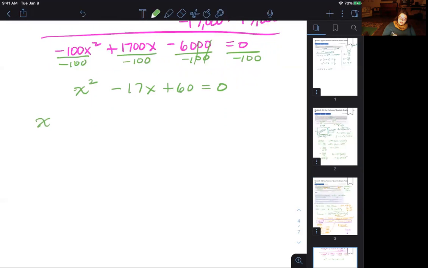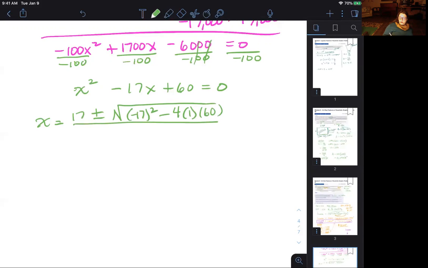So we'll have x equals negative b, which is 17, negative negative is a positive, plus or minus the square root of negative 17 squared. And by the way, that will always end up being positive because we're going to square a negative, minus 4 times a, which is 1, c, which is 60, all over 2 times a, so 2 times 1.